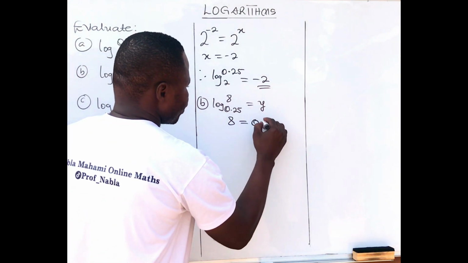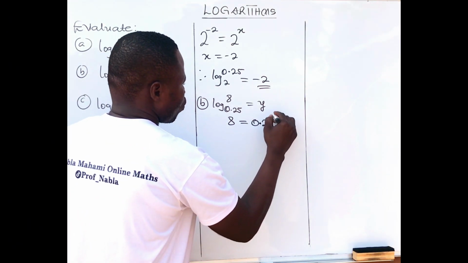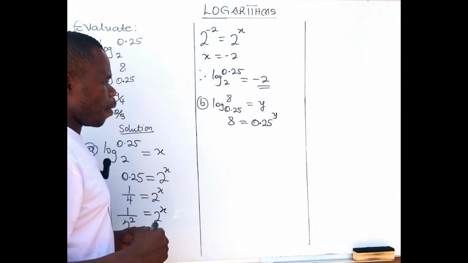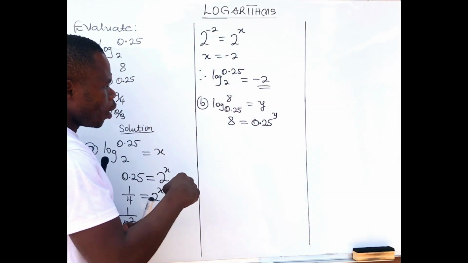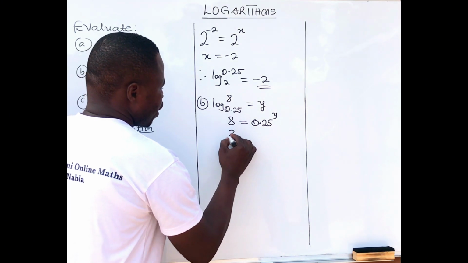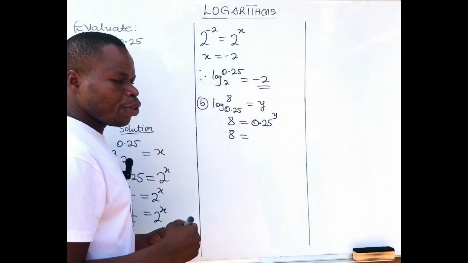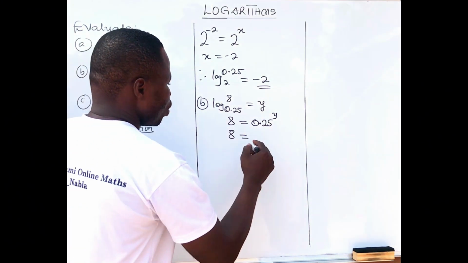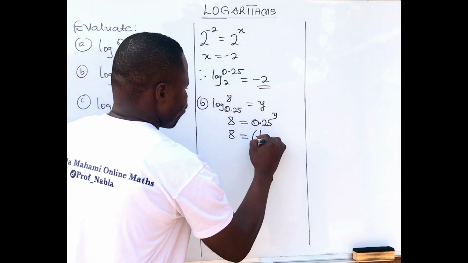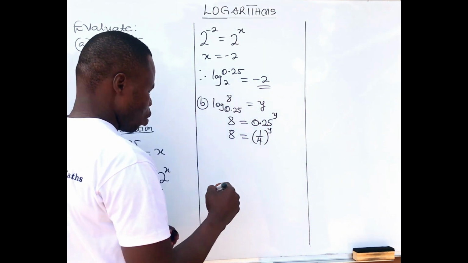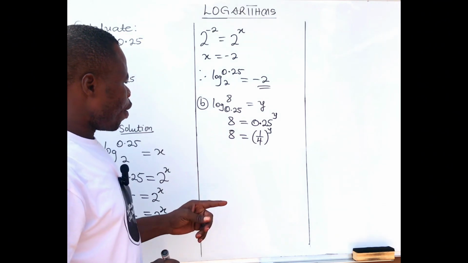That will be 0.25 exponent y. And now I can say that 8 will be equal to 0.25, which is the same thing as 1 over 4, all exponent y.